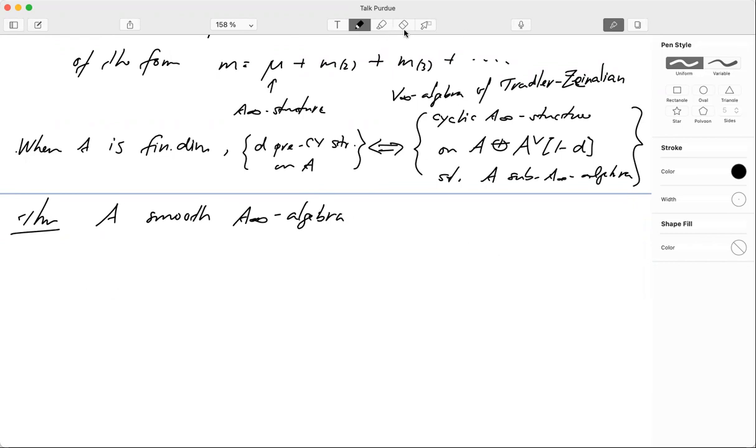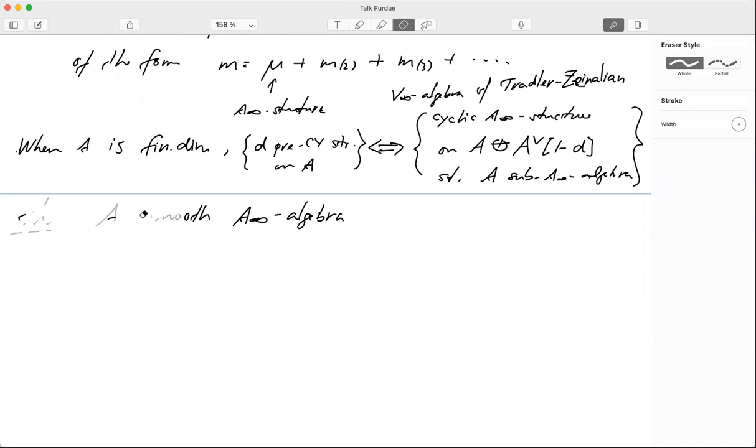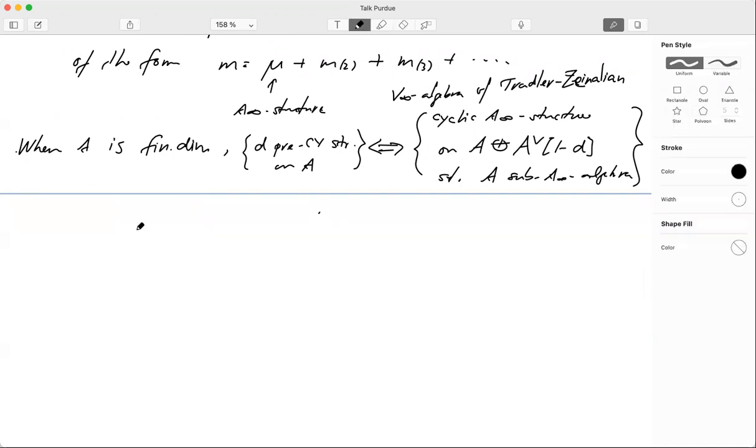Well, before I say this theorem, let me define some notation first, it'll be easier. So I take any A, and I produce this space CD A, which is where my pre-Calabi-Yau structures live.